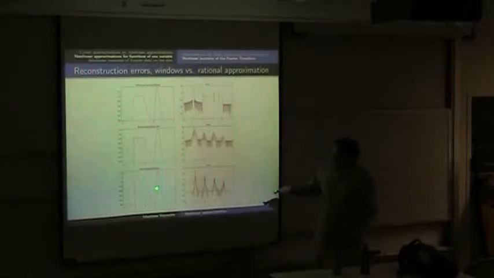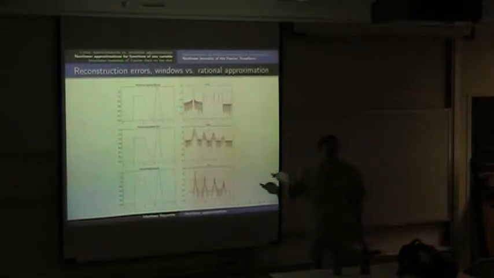So the errors you incur from right here are not going into this area as much as with a flat window, or if you're using a Kaiser window, where it just causes a lot of damage all over the place.